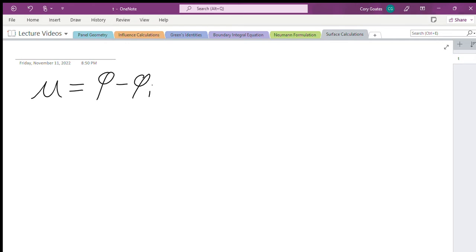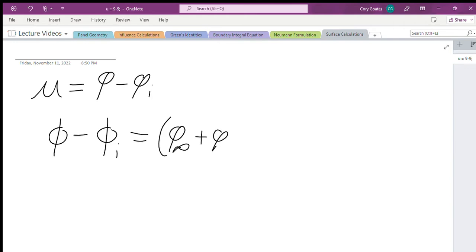if we look at the jump in total potential from going from the inside to the outside, so say we go capital Phi outer minus capital Phi inner, well, that's just phi infinity plus our exterior perturbation potential minus phi infinity plus our internal perturbation potential. Okay? And this phi infinity doesn't change.